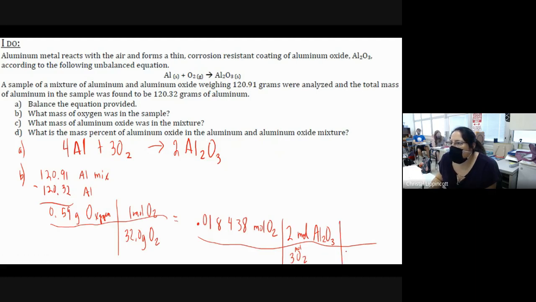And then if I want to keep that going, in 1 mole of Al2O3, I have how many grams? 101.95 grams. I don't know why this is being naughty today. All right. So then that'll give me my grams of Al2O3.